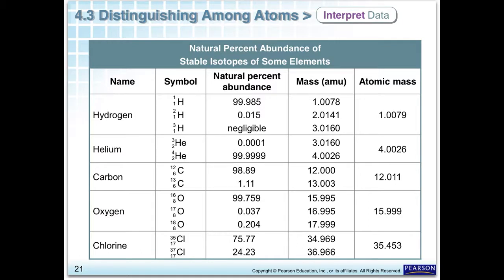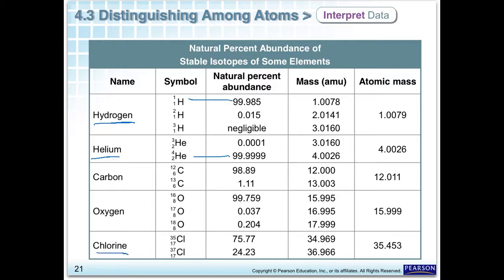So looking at hydrogen and helium, we see that one particular isotope has a 99.9% abundance, and then the other isotopes are very small or negligible amounts. So that's true for many elements.